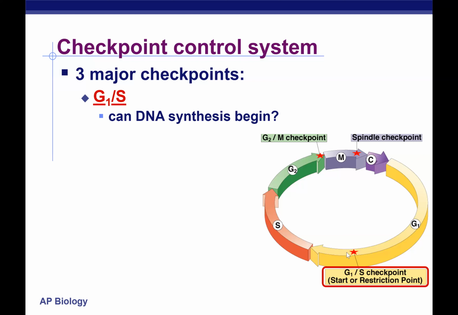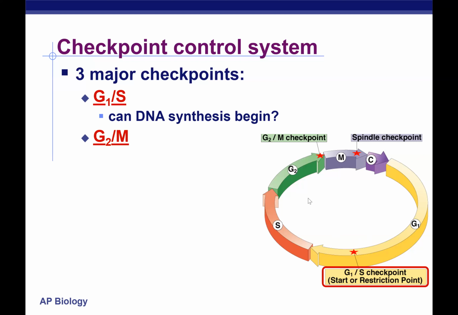This is also called the restriction point. The question the cell answers is whether the DNA synthesis can begin or not. Before that, the cell has to prepare itself in terms of enlarging in size, accumulating a lot of resources, etc.